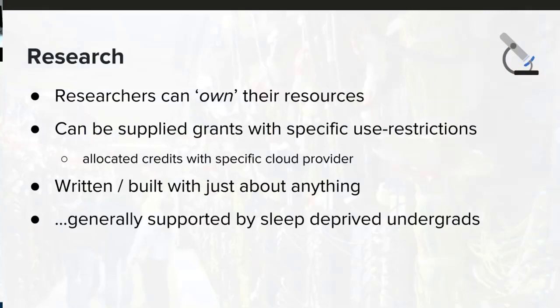So it's up to us as research IT support staff to entice the researchers to use our centrally managed services that might be a bit easier for them to consume. And if we can't deliver that, they're just gonna do something on their own. The other thing is a lot of their tools can be written in just about anything. We still run a lot of Fortran code, mostly for chemistry.